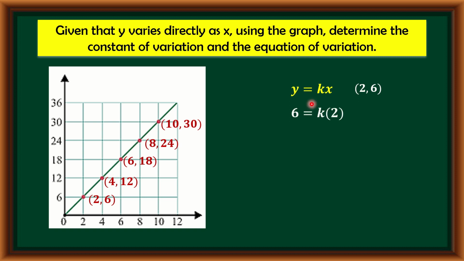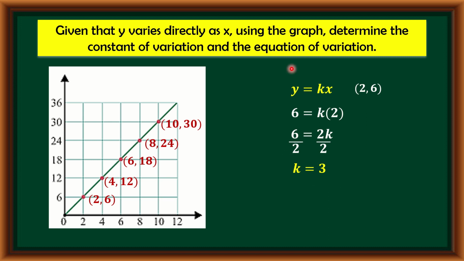Therefore, I have 6 is equal to k times 2, which is the same as 6 is equal to 2k. To isolate k here, we need to divide both sides by positive 2. Therefore, the constant is equal to positive 3. So here it is, the constant of variation is equal to positive 3.